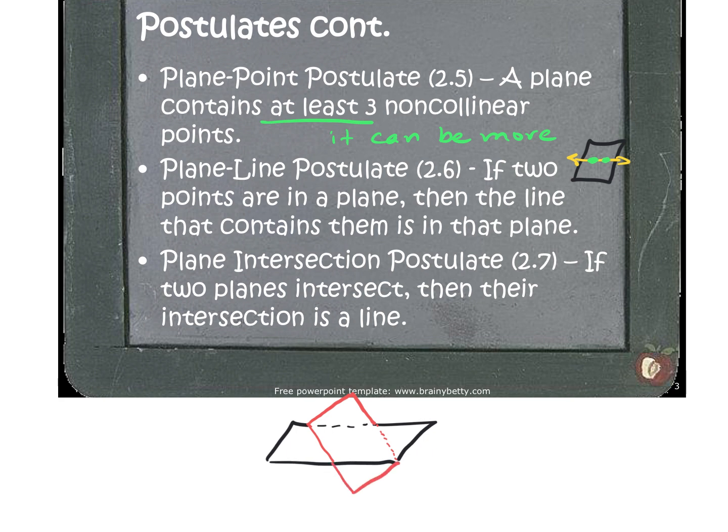So then the intersection of these two planes would be this line. So if that red plane were going through the black one. When two planes intersect, their intersection is always a line.